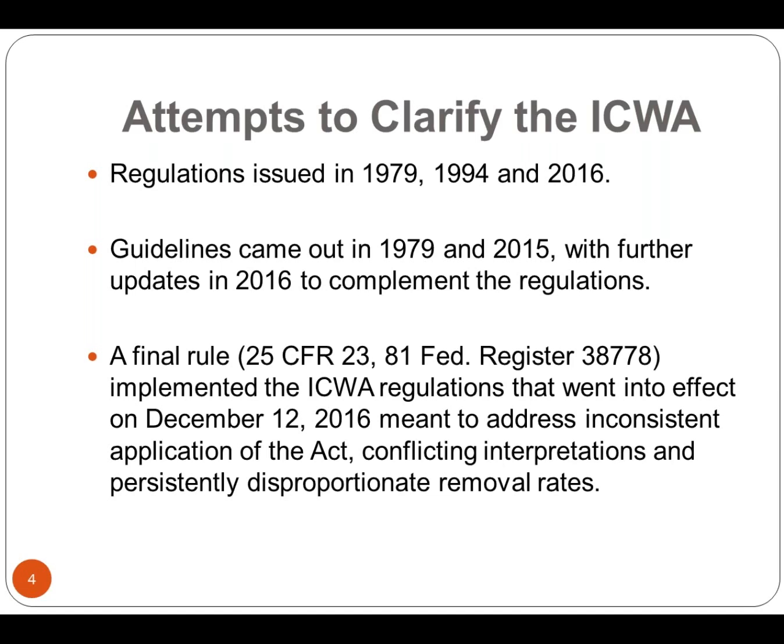A final rule, listed as 25 Code of Federal Regulations, Chapter 23, implemented the ICWA regulations that went into effect on December 12, 2016. These regulations were meant to address inconsistent applications of the Act, conflicting interpretations, and persistently disproportionate removal rates. So the very thing that the Act was passed to remedy is still a problem.